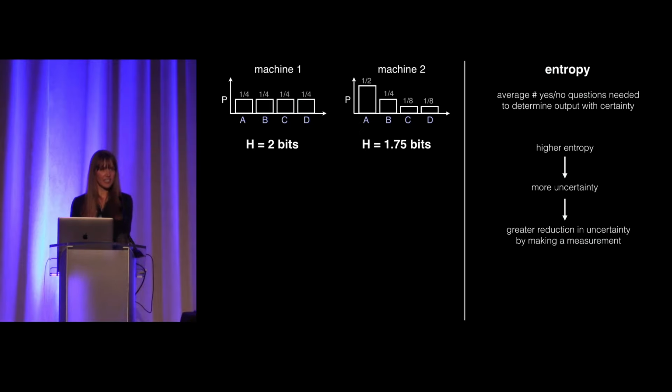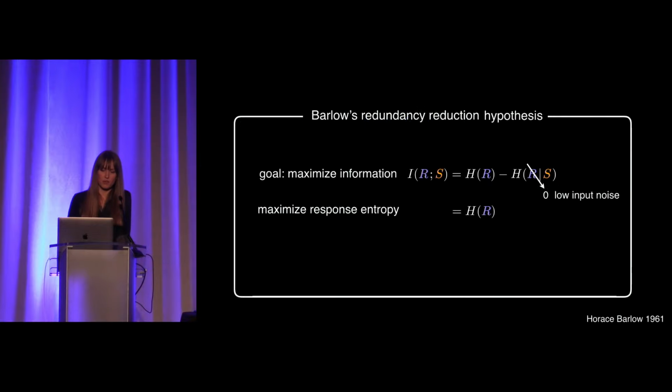Okay, so now we're ready to come back and revisit some of the ideas that we were visiting with Barlow. Coming back to Barlow's redundancy reduction hypothesis, again, the idea was that sensory systems would maximize information about their inputs, and in the limit of low input noise, this is equivalent to maximizing entropy, and we've just seen how you could go about maximizing entropy in terms of distributing your probability equally across your different response states.